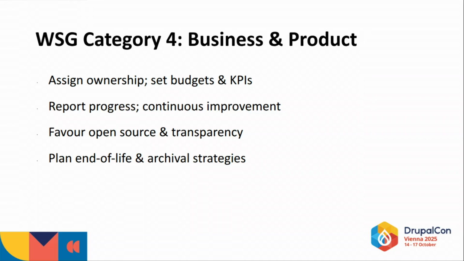So trying to assign ownership and set budgets and KPIs to departments and key stakeholders, report progress with continuous improvement, favouring open source and transparency. Again, Drupal's absolutely perfect for that, and then a plan for end of life and archival strategies. Again, with content auditing, we're going through a major process of archiving content. That's a big part of what we're doing.